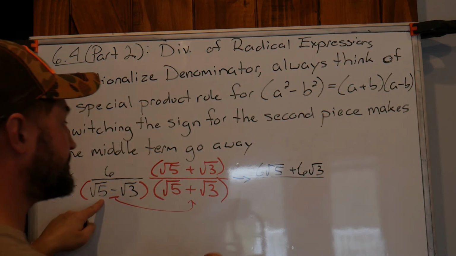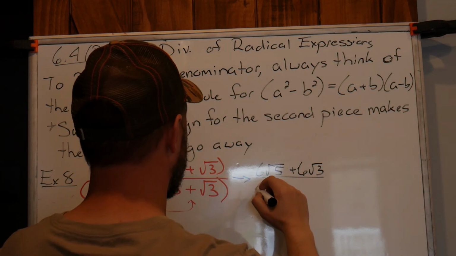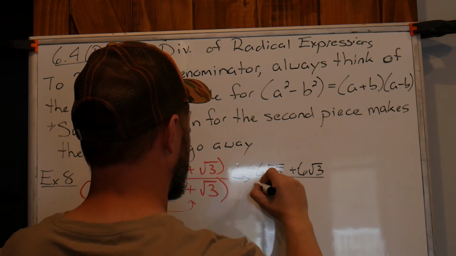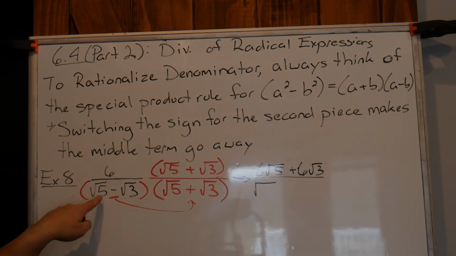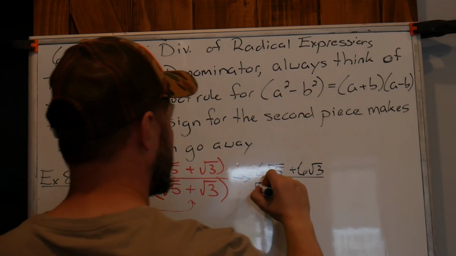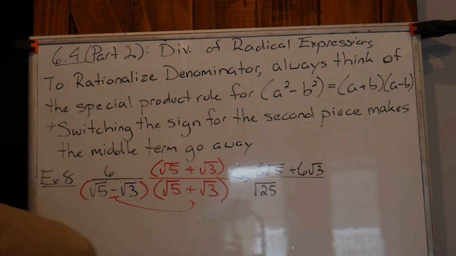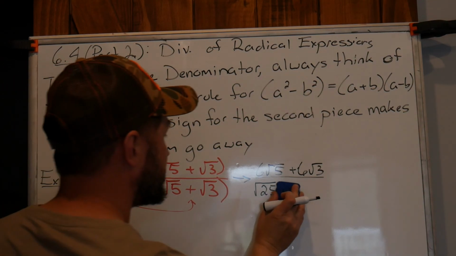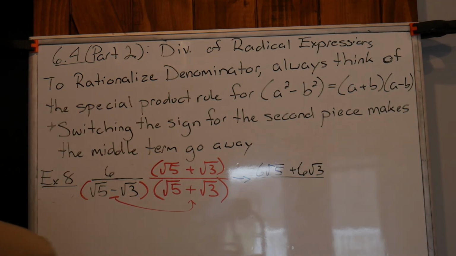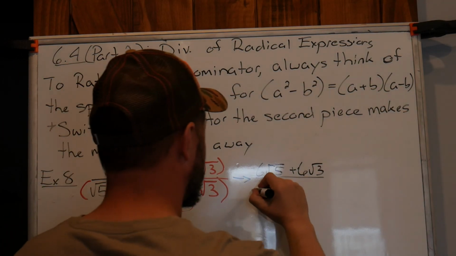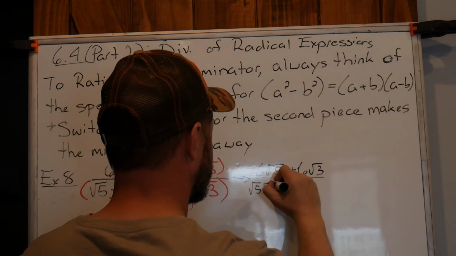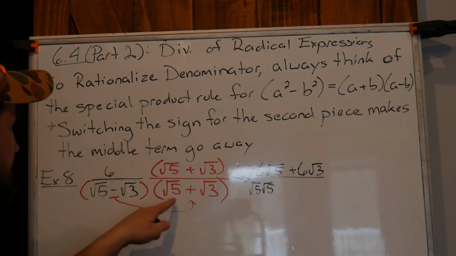Down here, we're distributing. I'm going to try to skip a little bit. Well, no, I don't want anybody to get lost. I'm going to keep it the same way I've been doing it. Square root of 5 times square root of 5.